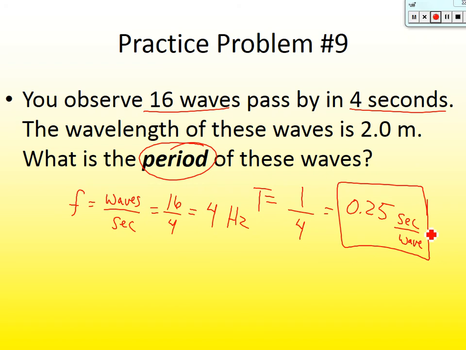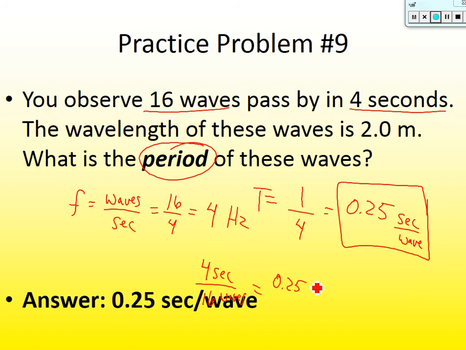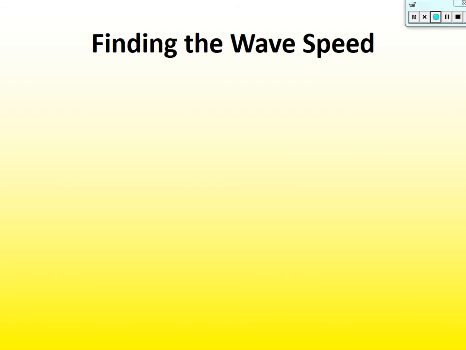You might have read that and just put 4 seconds over 16 waves. And maybe that would be easier. Does that give us the same answer? Yeah. 0.25. So there are a lot of different ways you can do it. And look, we got the answer right.